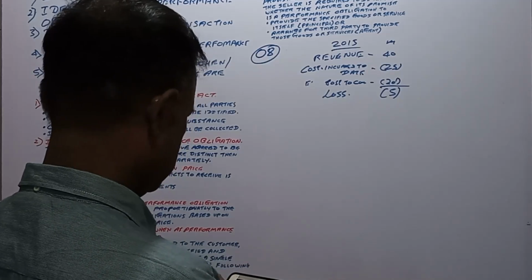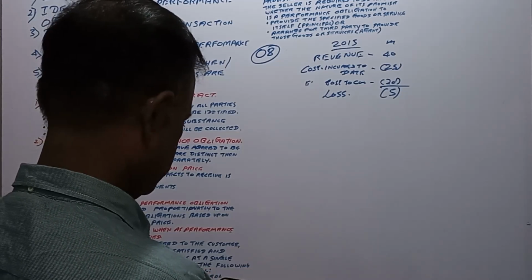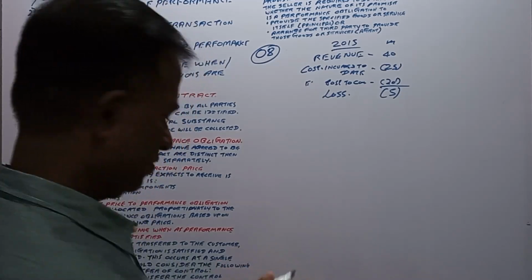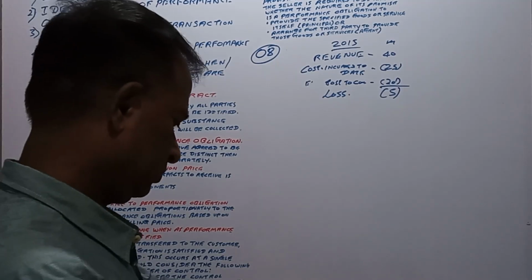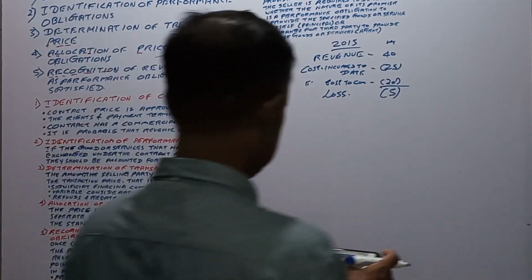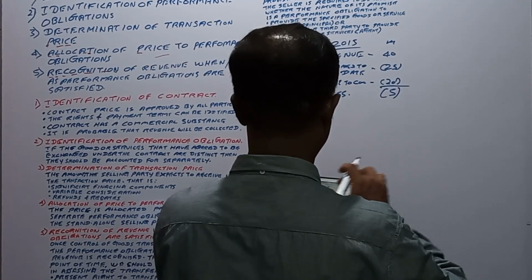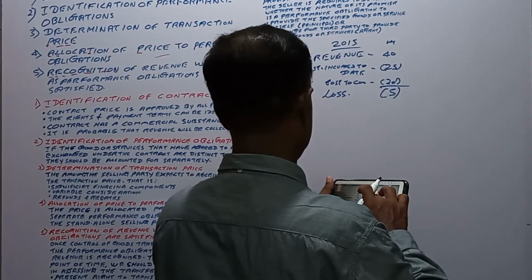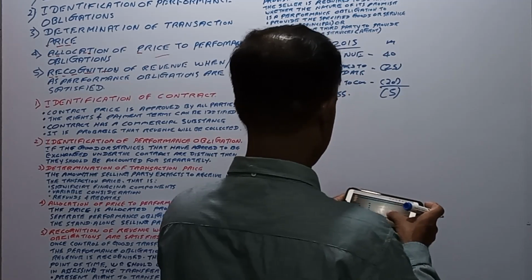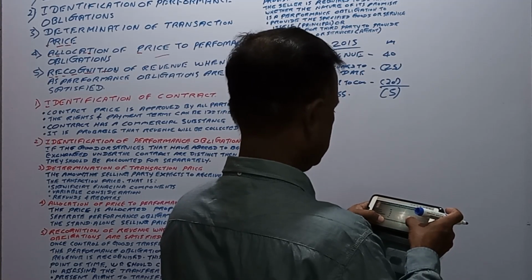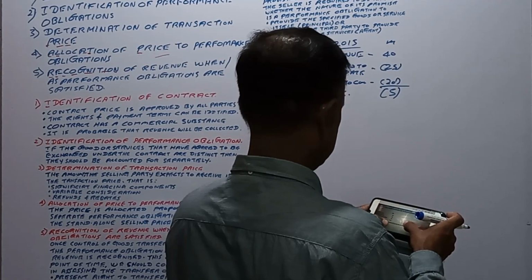Show how this will be. This is the total value, and in this the contract commenced in 2015 and saw a large increase in future cost to complete.